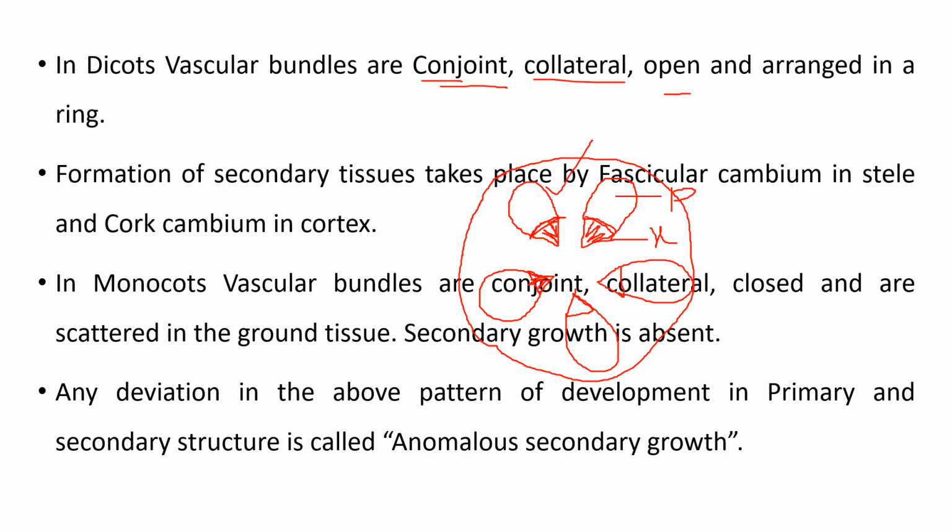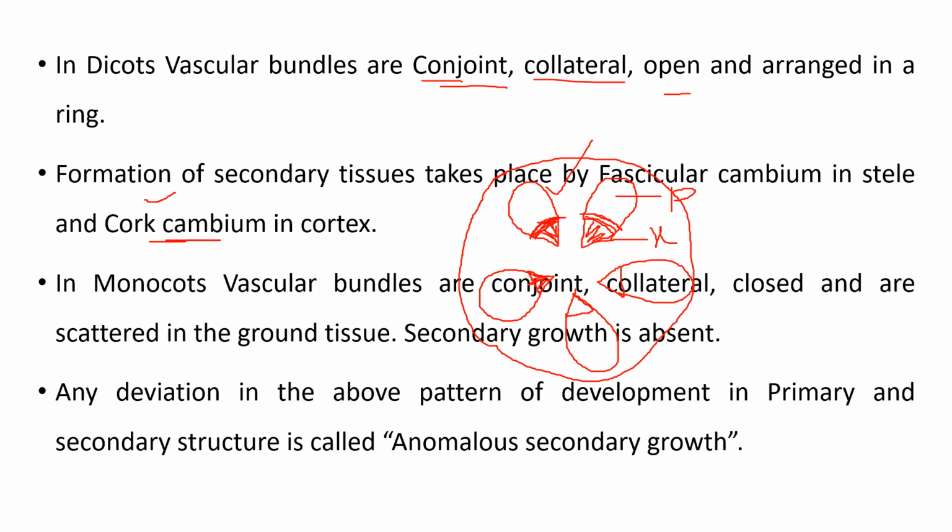Formation of secondary tissue takes place by fascicular cambium in the stele. This is the fascicular cambium, and cork cambium in the cortex. In the cortex region, the secondary growth takes place by the help of cork cambium. But in vascular tissues, the fascicular cambium is present between the xylem and phloem bundle.